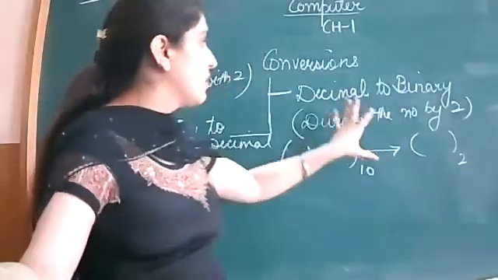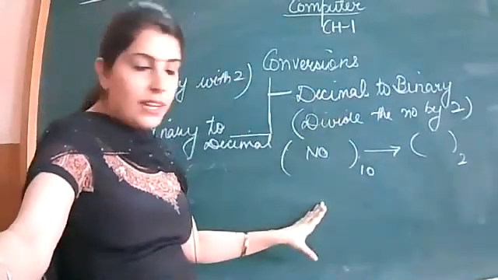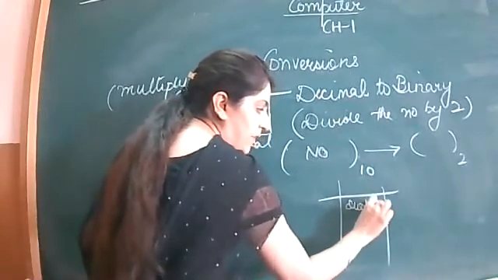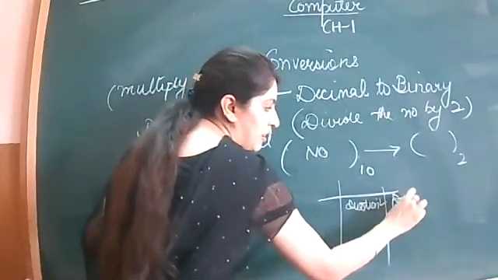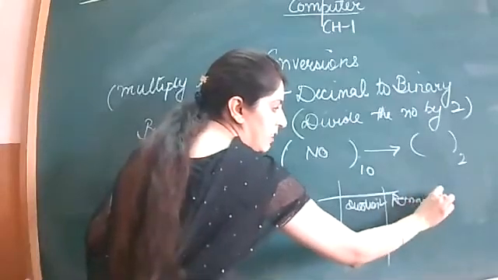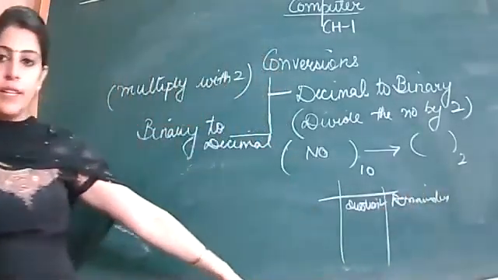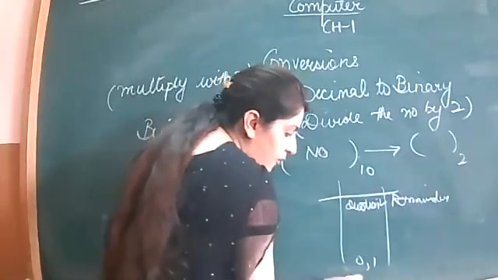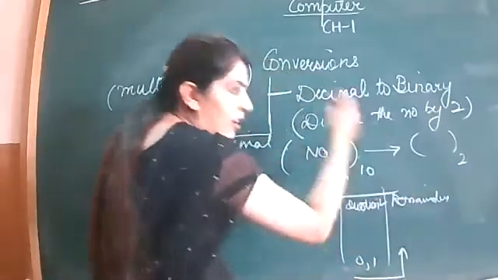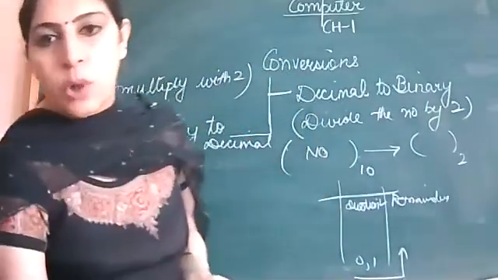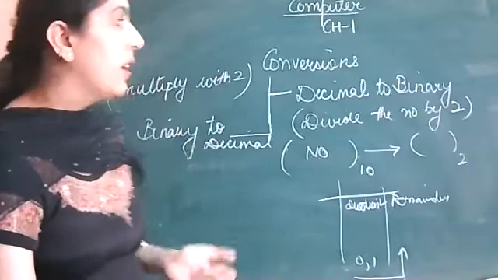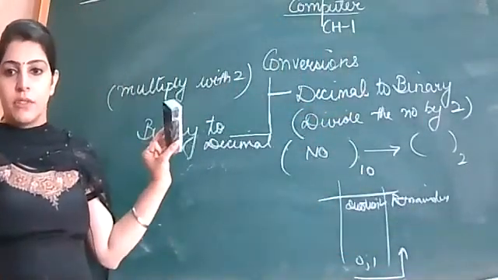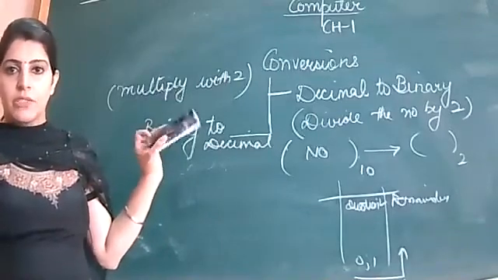What we did is we simply divide the number by 2 and write the quotient here, and we put the remainders in the next column. Then after finally calculating all, when the last numbers are either 0 or 1, we write the remainders from the bottom to top. This way we calculate the binary equivalent of a number. Clear? Right, bache?